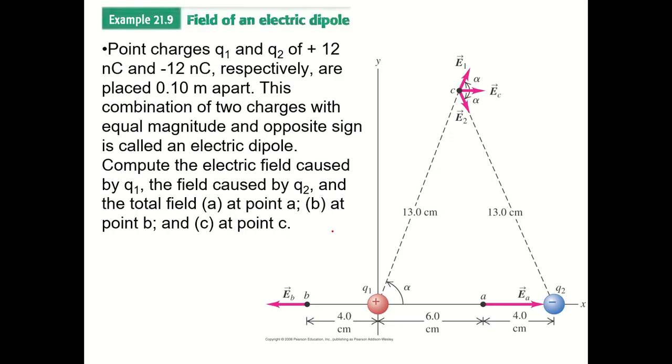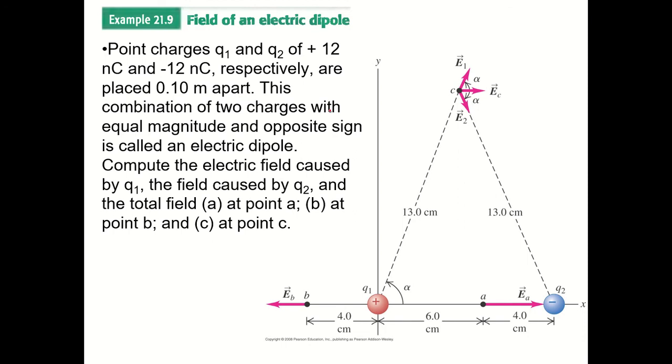an example here. Okay, so our example is again, we are having here the field of an electric dipole. Point charges Q1 and Q2 of plus 12 nanocoulomb and minus 12 nanocoulomb respectively are placed 0.10 meter apart.